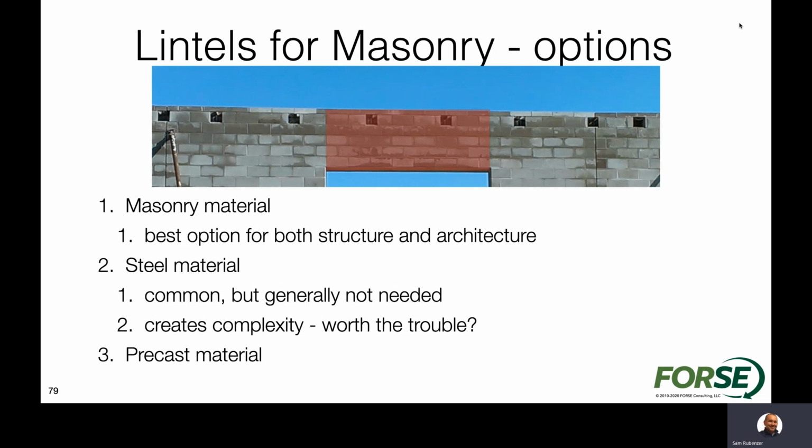It is going to be the best option because it's going to leave the masonry lintel to be integral with the wall. It's going to allow the jambs on each side to be designed as parts of the wall and not as a column. So masonry lintels are really going to make the best option for both structural and architectural considerations for that wall. Steel is also an option.